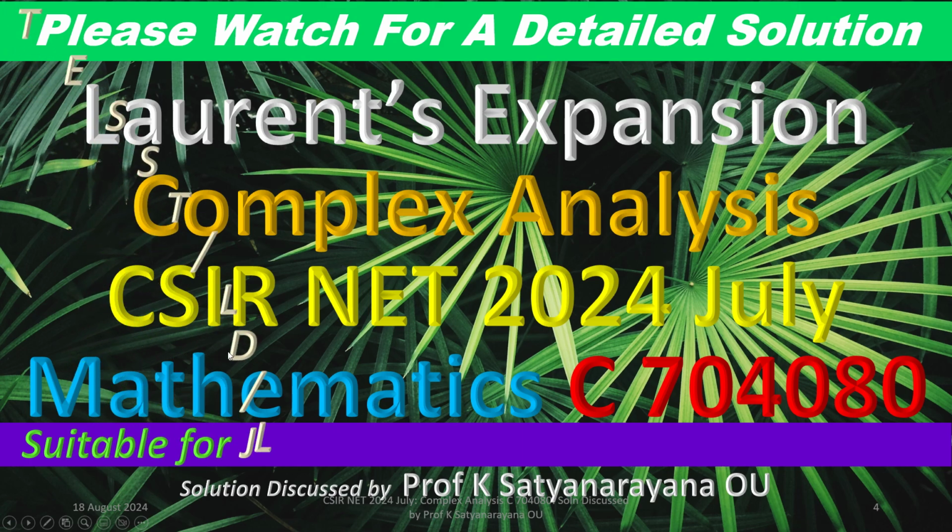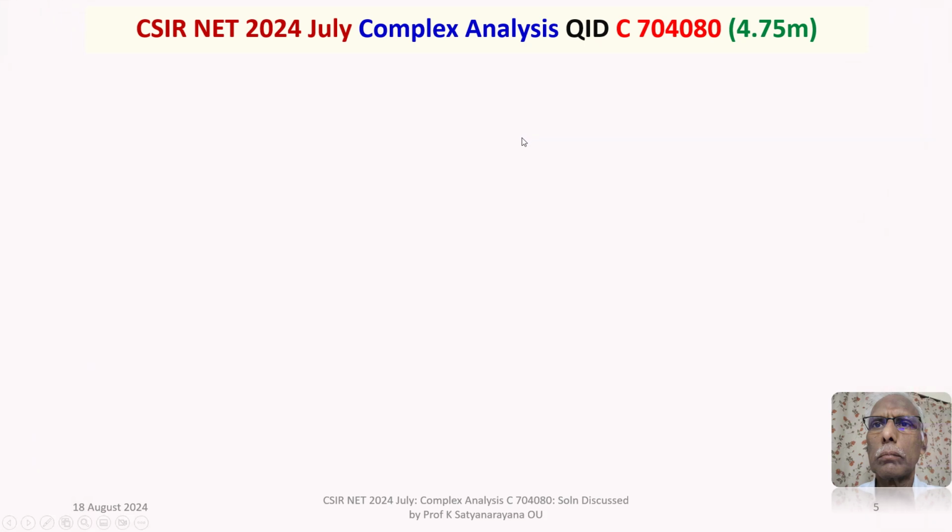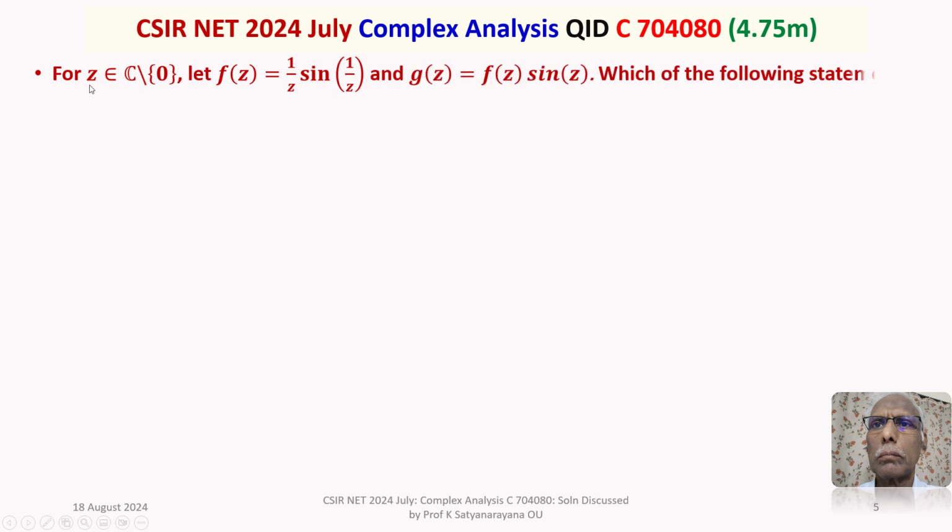This question is suitable for the aspirants of JL, DL, TS SET, AP SET, IIT JAM and GATE. The given question is for z belongs to C minus singleton 0, that means z is a non-zero complex number. Let f of z is equal to 1 by z sin of 1 by z and g of z is equal to f of z multiplied by sin of z.